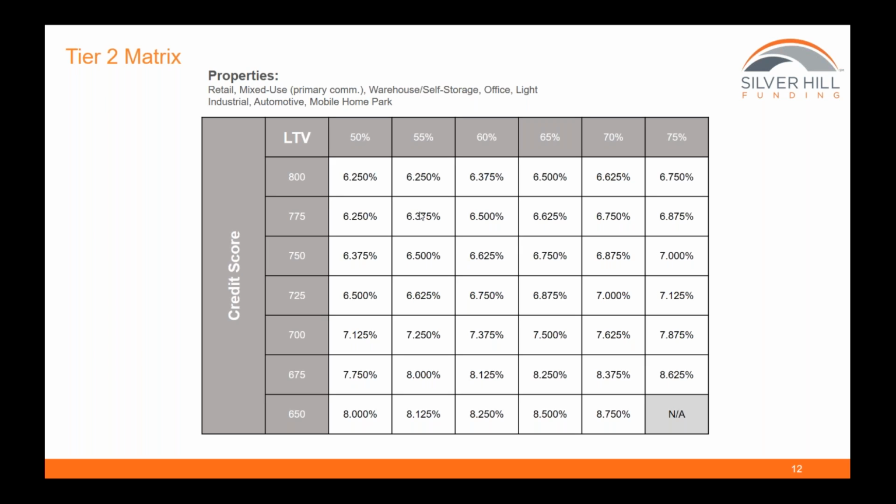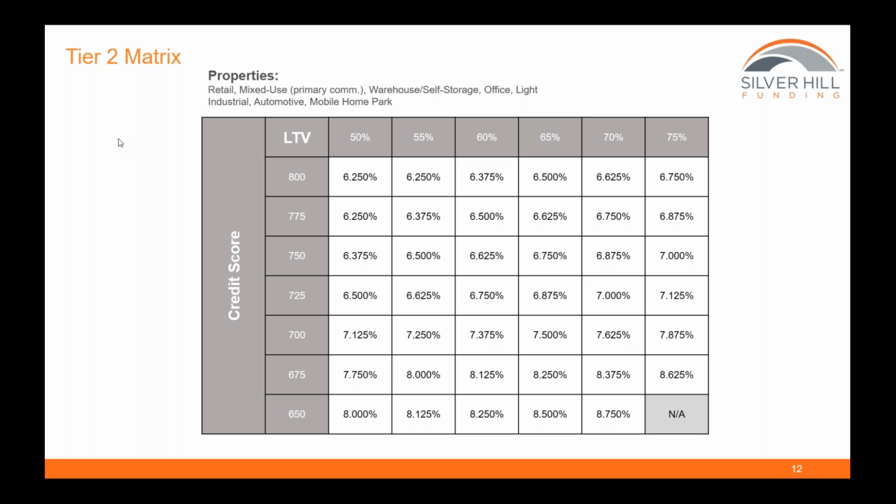These rates, as you can see, are different. They are Tier 2. Tier 2 is everything else commercial: your retail, any single unit retail, small strip centers, larger strip centers, mixed use with primarily commercial income, warehouse, self-storage, office, light industrial, automotive, and mobile home parks.